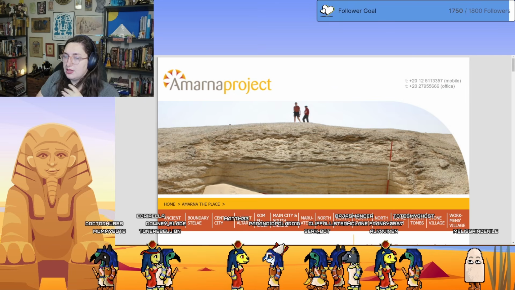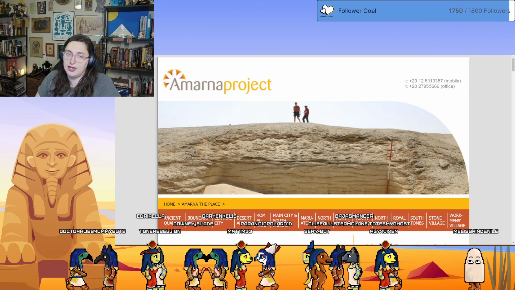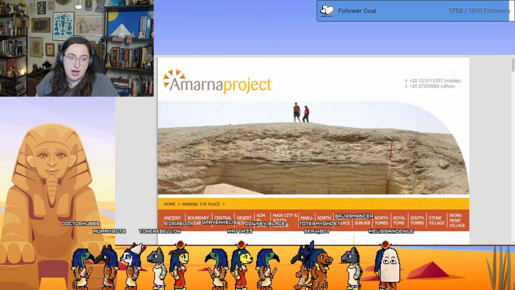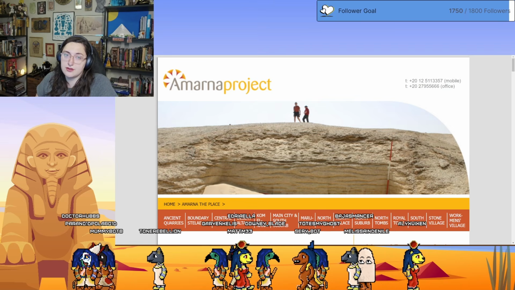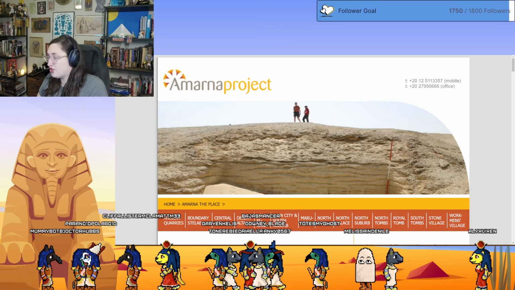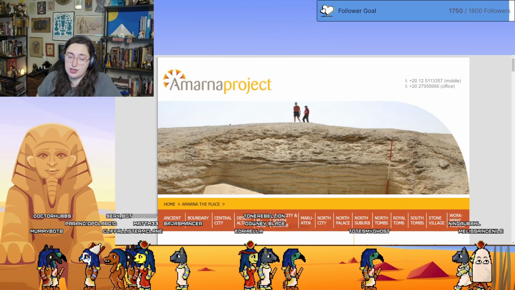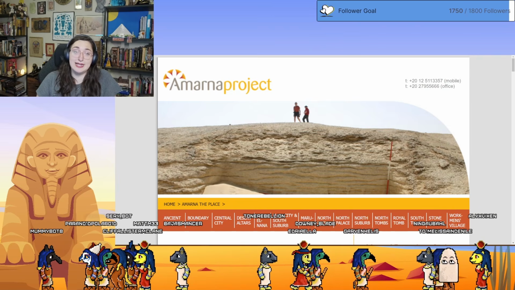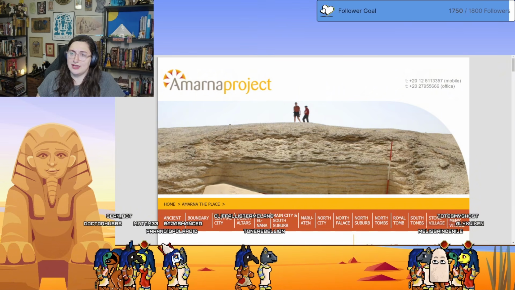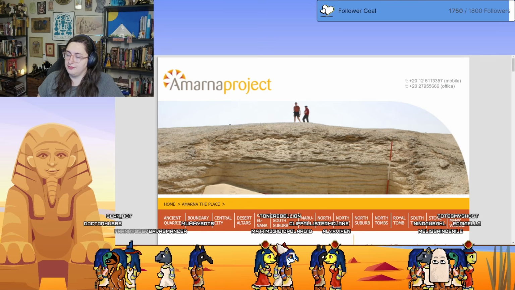So the Amarna period, if nobody knows, is a period of ancient Egyptian history in the middle of the New Kingdom, where the son of Amenhotep III, otherwise known as Amenhotep IV, changed his name to Akhenaten and changed everything. He decided to go to a more monotheistic society, worshipping only something called the Aten, which essentially is the sun, but not like Ra is the sun, just Aten is the sun.